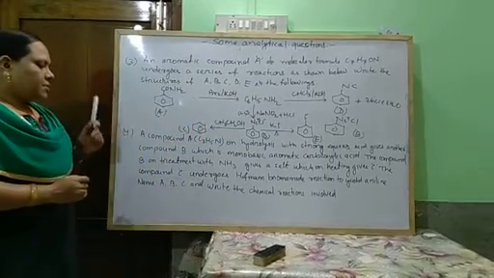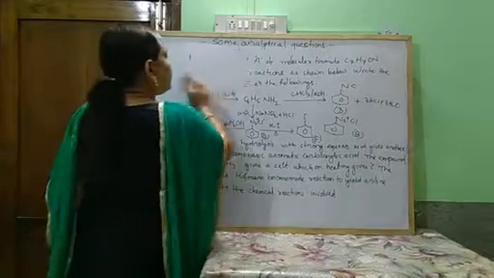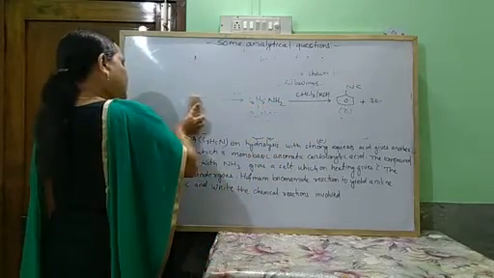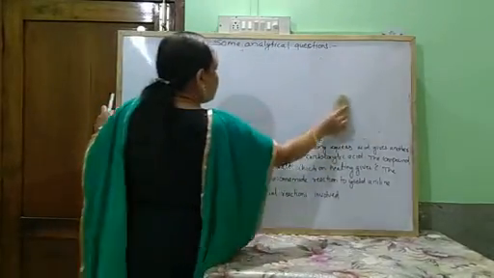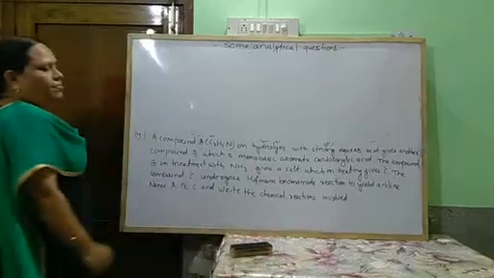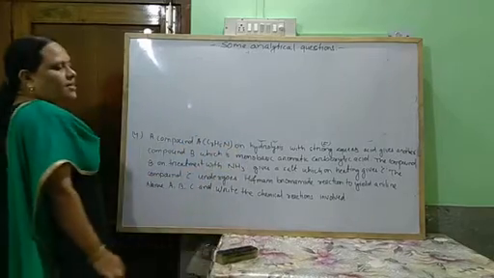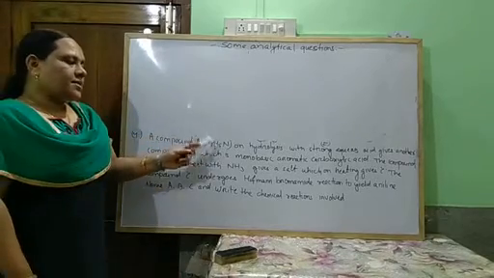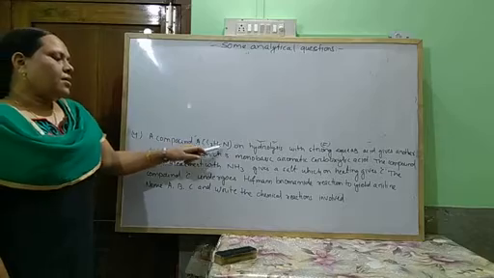Okay. Next come to question number 4. So a compound A, C7H5N, that means the aromatic compound contains 6 carbon and another group is attached which contains carbon and nitrogen, and there is no hydrogen.